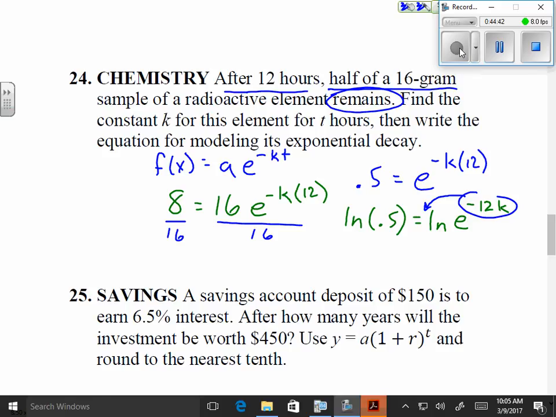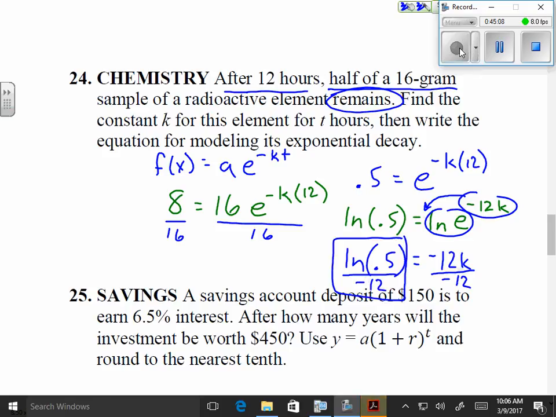So the natural log of 0.5 is equal to negative 12k times the natural log of e. Well, the natural log of e is 1, so I don't need that anymore. Divide by negative 12. And this value right here, once I put it in the calculator, would be equal to k.